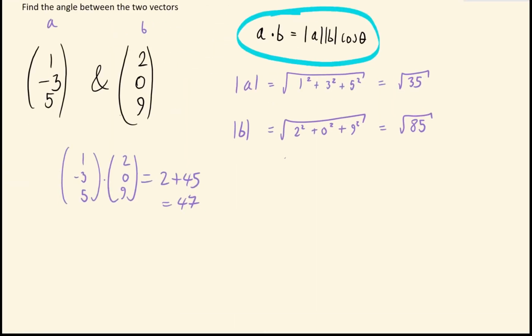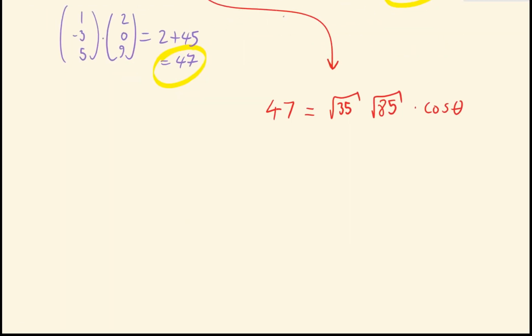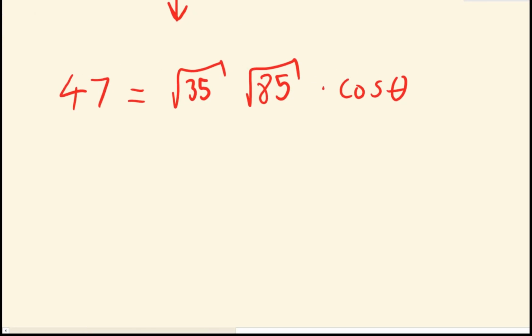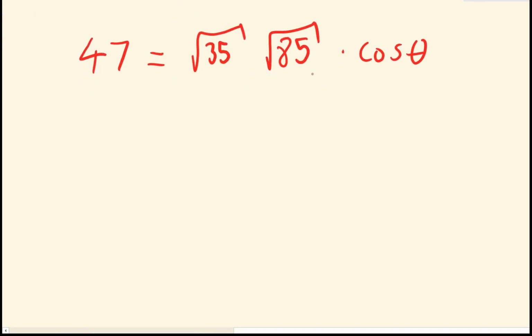So we've now worked out 3 things. What we need to do now is plug them all into this dot product. So A dot B, that was 47. Mod A was root 35. Mod B was root 85. And cos theta we don't know yet. But now we've got an equation, and the only unknown is cos theta, so we can solve this. First things first, I'm going to get rid of these 2 terms by dividing by them.